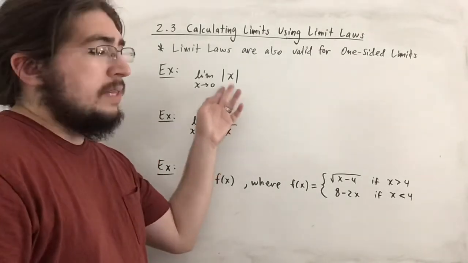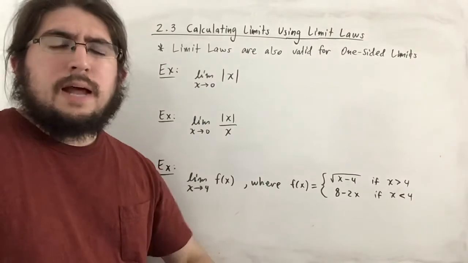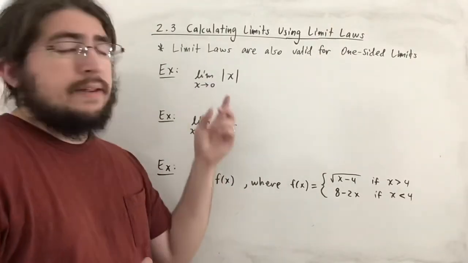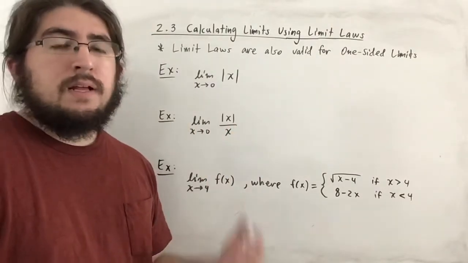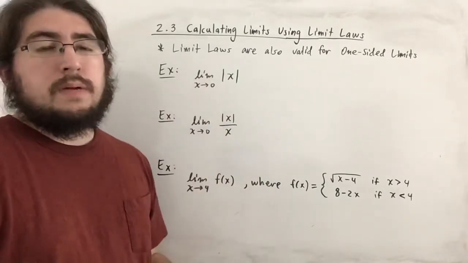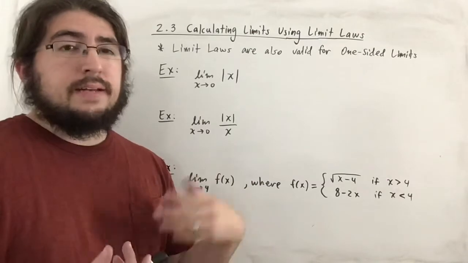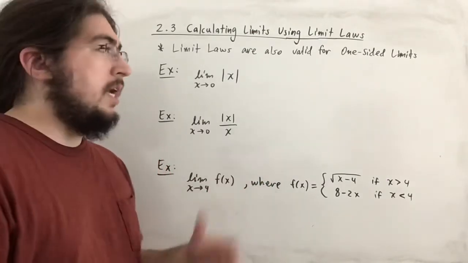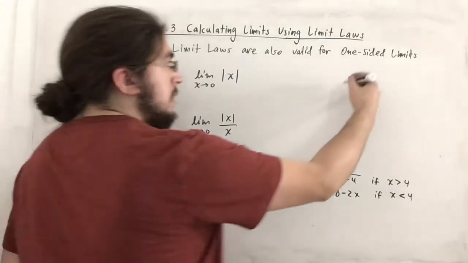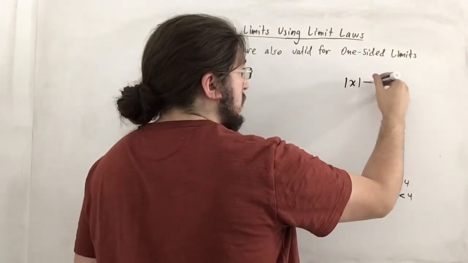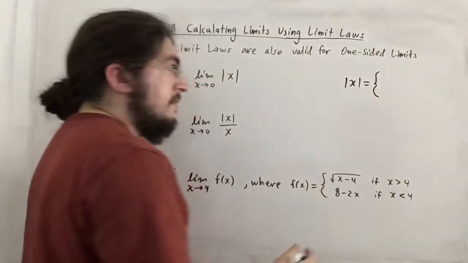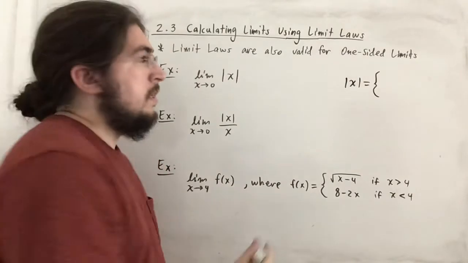Now notice the absolute value of x. What does the absolute value of x do? Well, when x is negative, it removes the negative symbol; when x is positive, it's the actual number. So the absolute value of 10 is 10, the absolute value of negative 10 is 10. So it removes any sign, if any. But we can actually write this as a piecewise defined function because we have these two what-if scenarios.